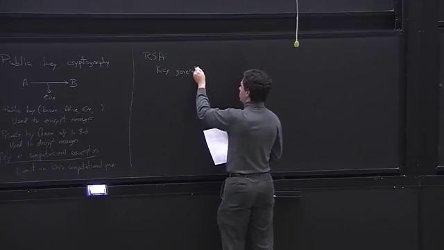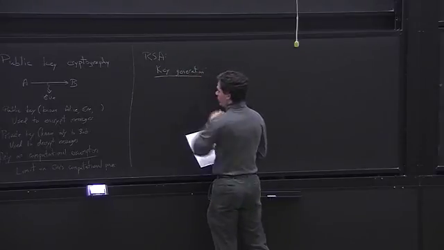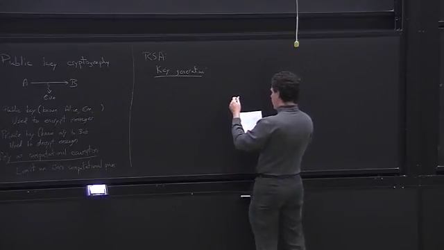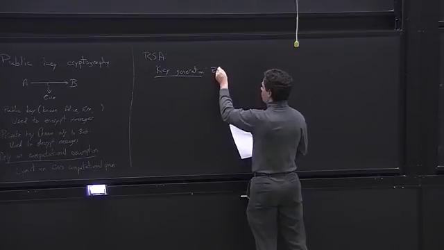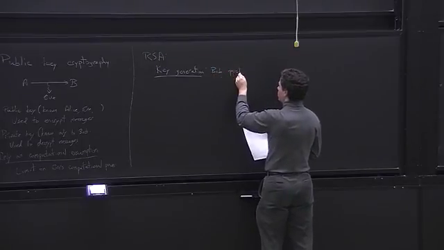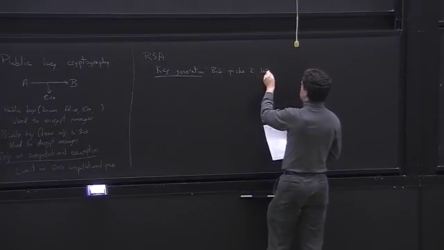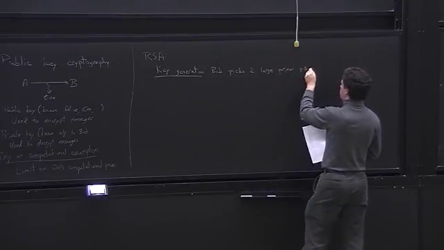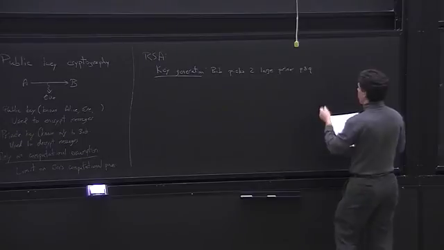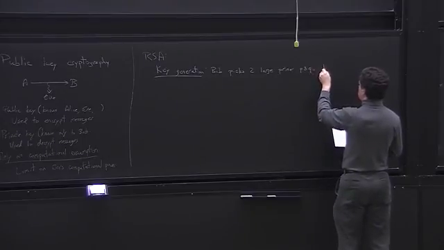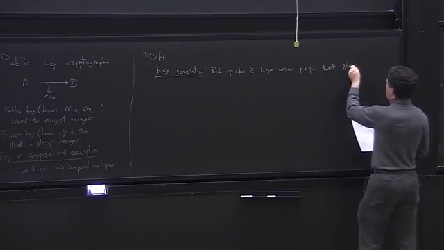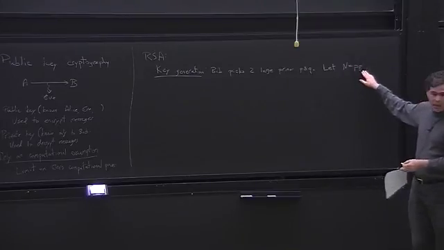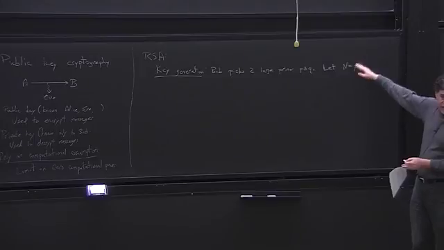So for the key generation step, before any message is sent, Bob picks two large primes, P and Q, and we'll let n equal P times Q. This is the basic mathematical core.